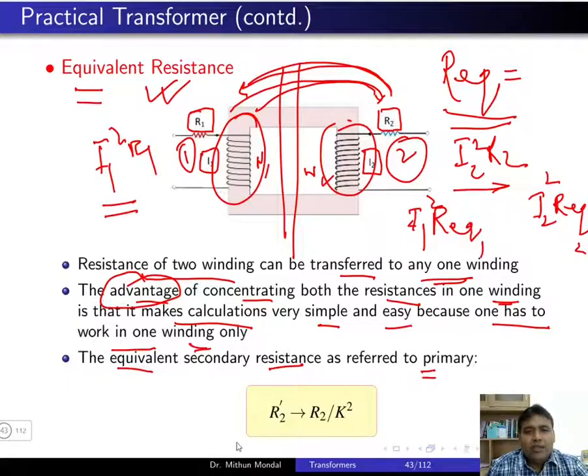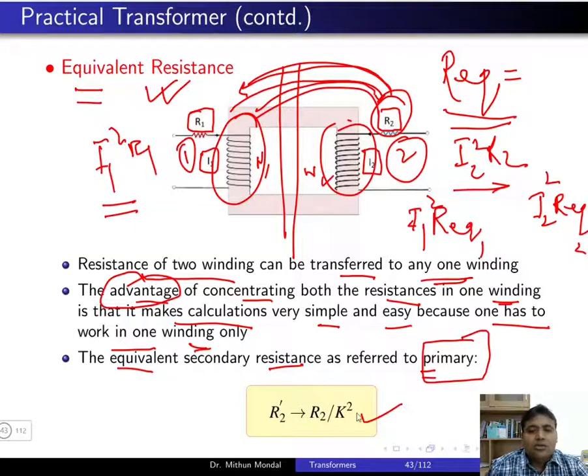What is happening when you are referring your R2 to this side? R2 when referred to the primary side, we can write R2 dash is equal to R2 by K square, where you know that the value of K is equal to N2 by N1.